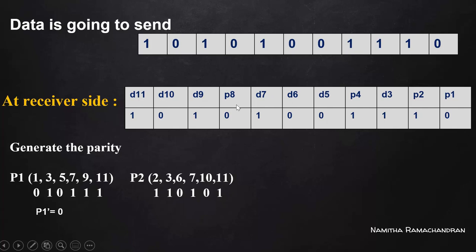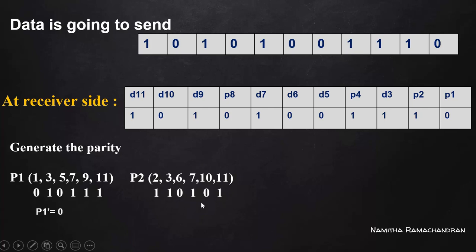In all these positions, the binary representation contains value 1 at the second least bit position. Now we consider the values present at these positions. Here it is 1, here it is again 1, here it is 0, and here it is 1, and here it is 0, and here it is 1.